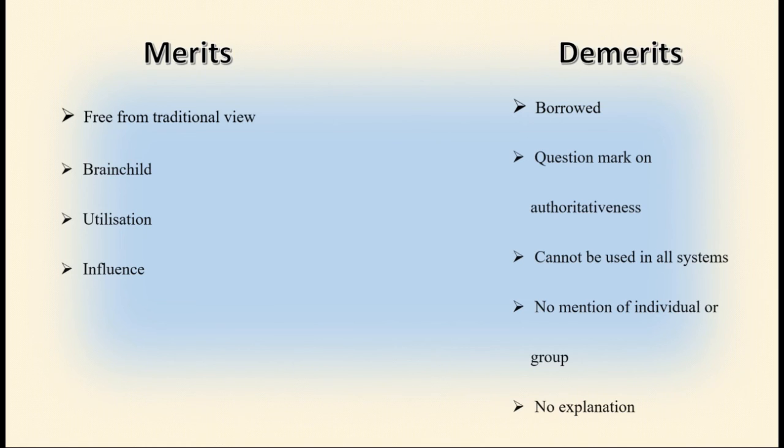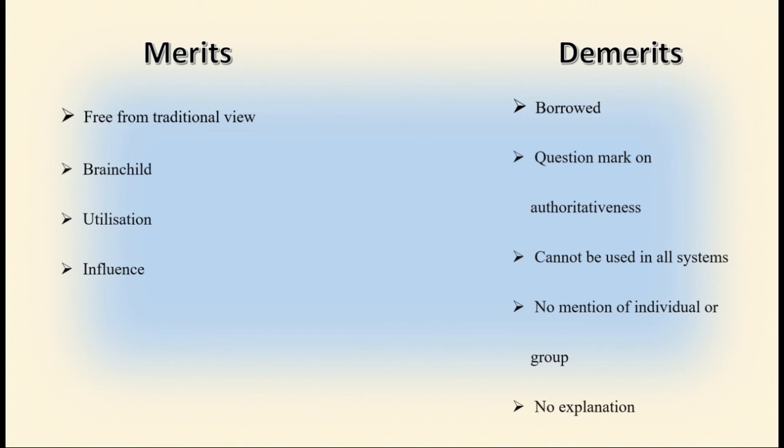Easton's theory can be utilized for analysis of any particular system as well as for making comparative study of political system. Fourth, influence. Gabriel Almond's model of structural functional analysis and Karl Deutsch's model of communication was influenced by Easton's model of political system.